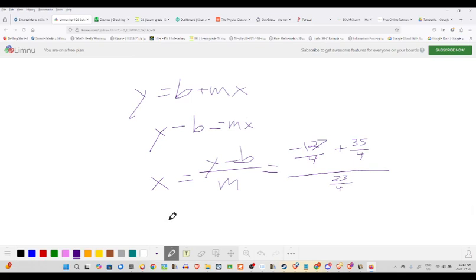One of the things we can do, multiply top and bottom by 4. That makes this negative 127 plus 35 all over 23. That makes it negative 92 over 23, or negative 4.